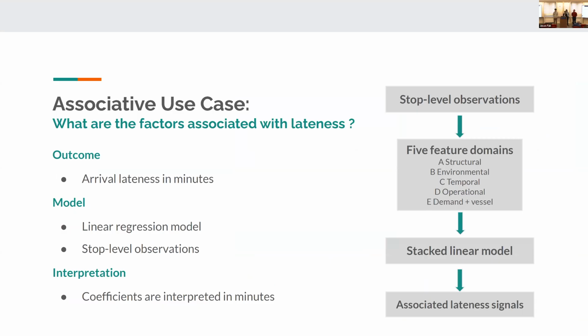After looking at one trip alone, we would like to know, across all stop-level observations, what factors are associated with lateness. We model arrival lateness in minutes and group predictors into five domains. Then we use a stacked linear regression model so the results can be interpreted in minutes and connected back to operations.